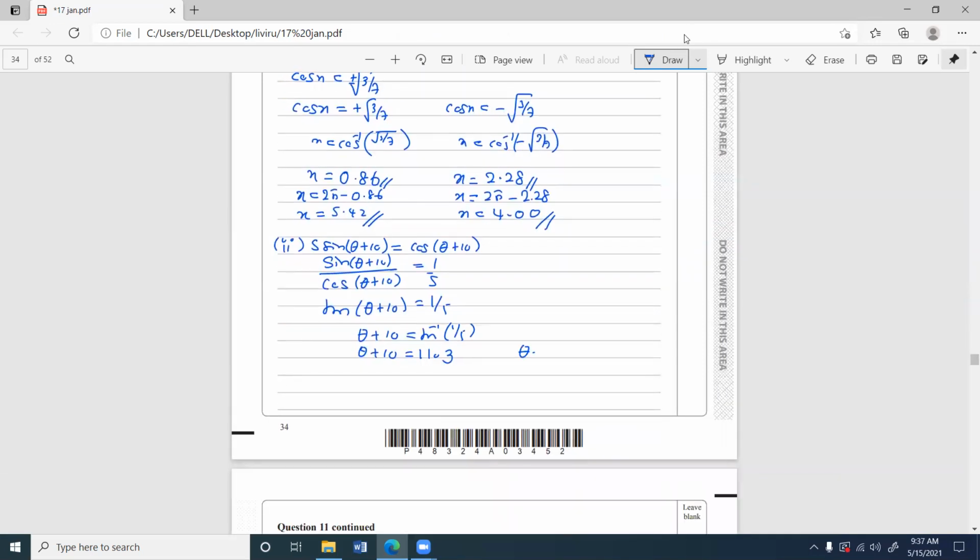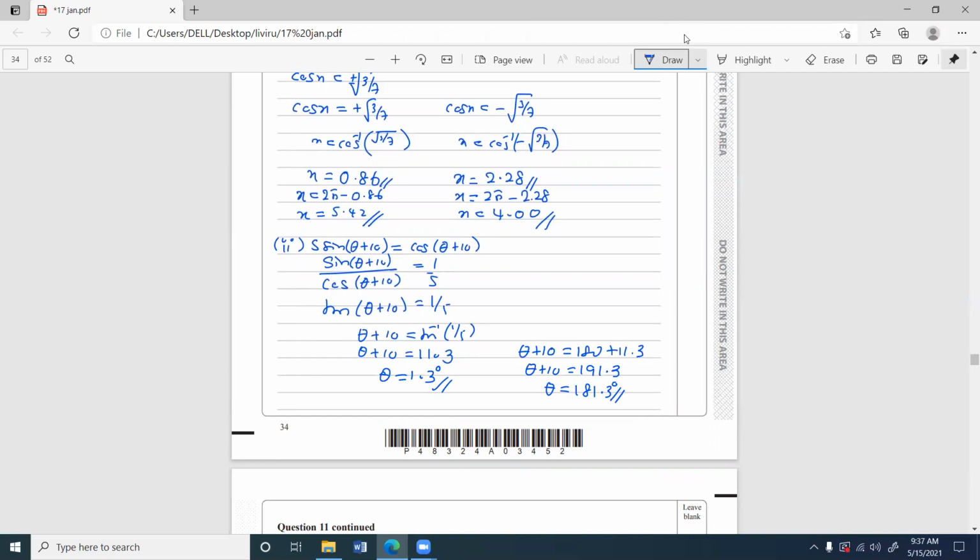So the next angle you can find is 180 plus 11.3. Then theta plus 10 is equal to 191.3. Anything beyond that, exceeding 360, won't work for this. So theta becomes 181.3, which would be the final answer in degrees.